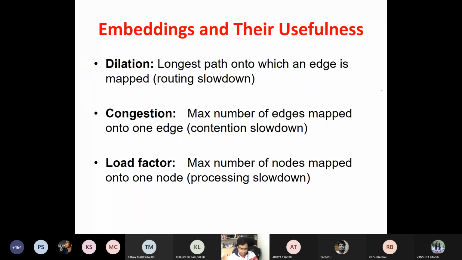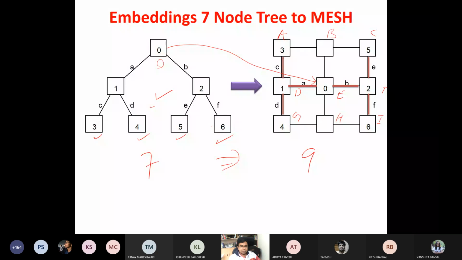Whenever you are mapping, one node of the source is mapped to one node of the target, and every edge of the source is mapped to one edge of the target.